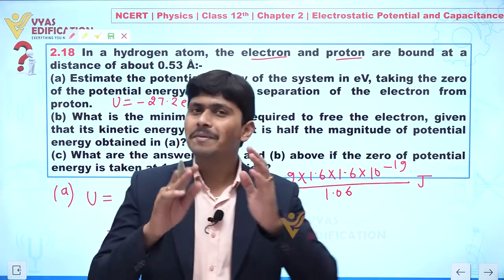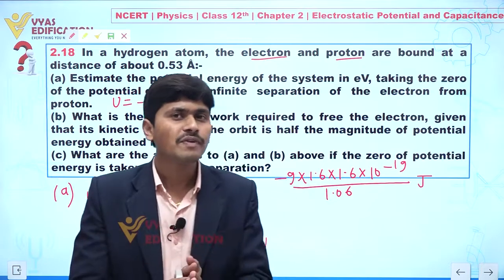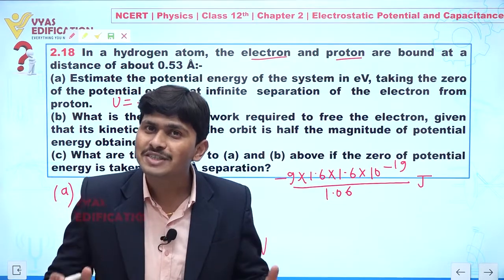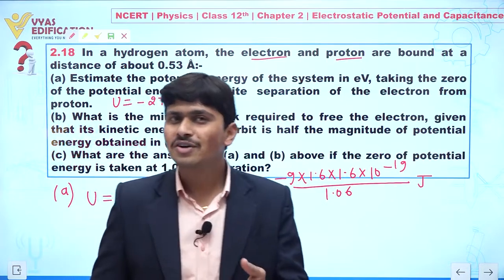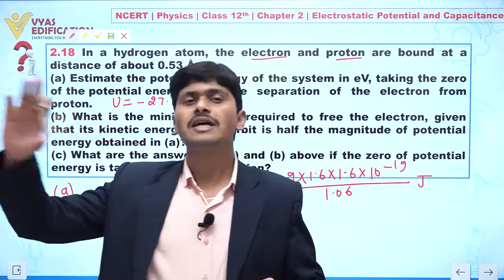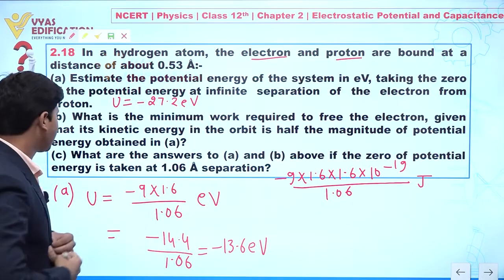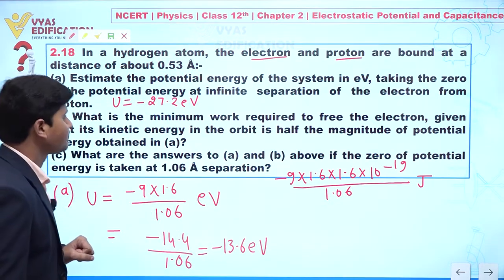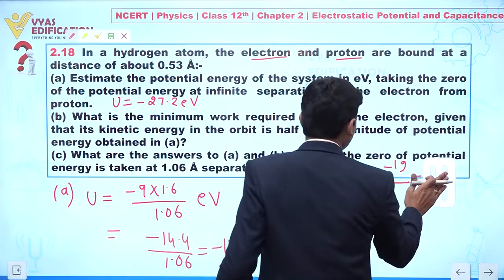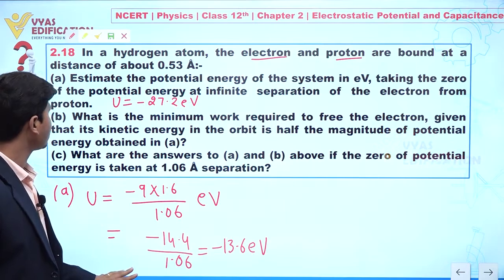At that time the separation between electron and proton increases from 0.53 angstrom to 1.06 angstrom. And the rest, 13.6 electron volt, is utilized to move that electron to infinity. Yes or no? So now we get potential energy of minus 13.6 electron volt.